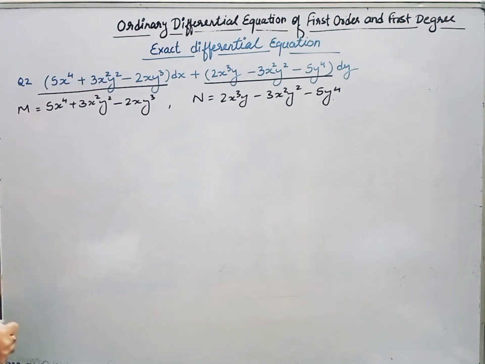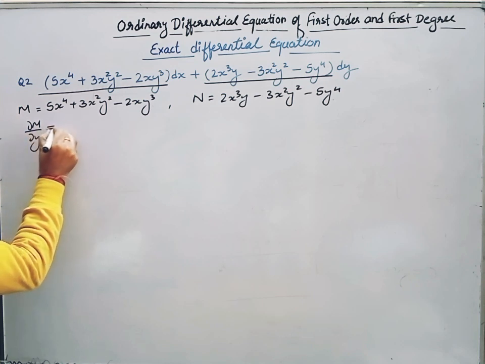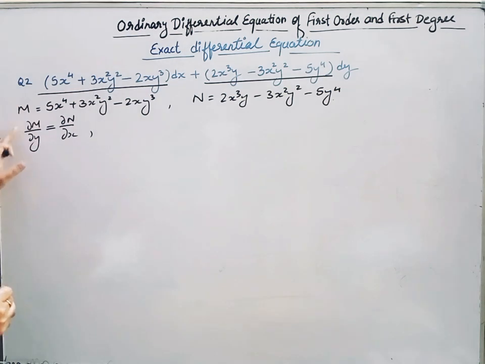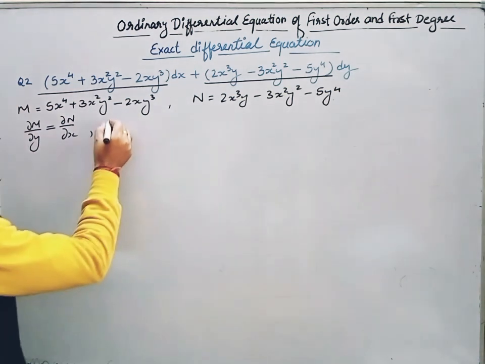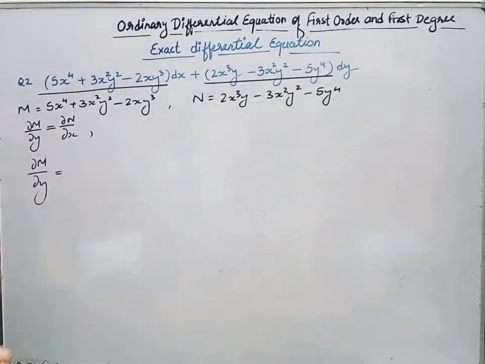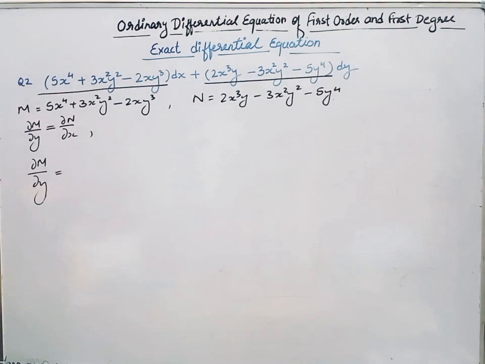Now first of all, we'll verify whether this is an exact differential equation or not. For that, we have to check the primary condition. The primary condition is del M upon del y should be equal to del N upon del x. So first of all we'll find del M upon del y, which means partially differentiating this equation with respect to y, keeping x as constant.